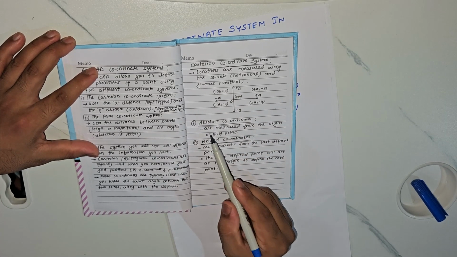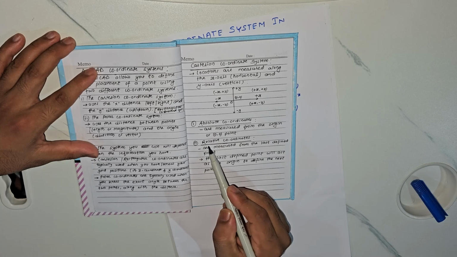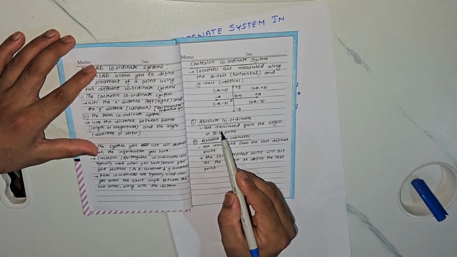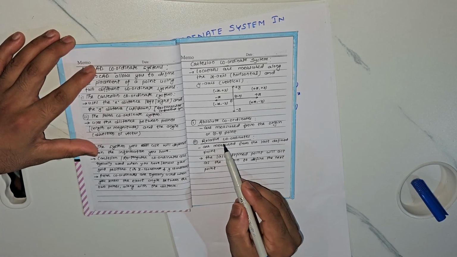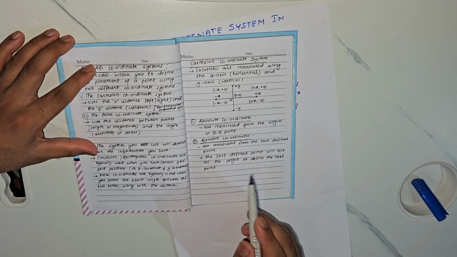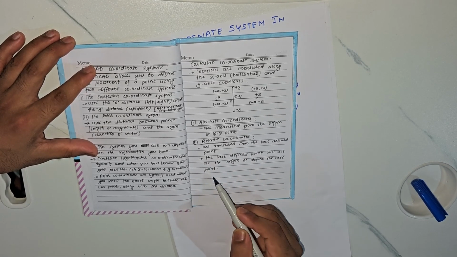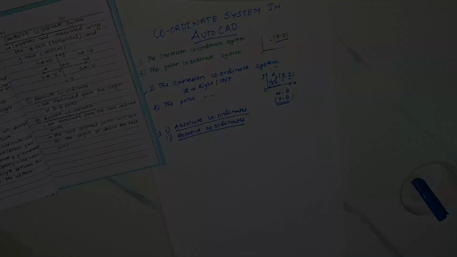In absolute coordinates, the coordinates are measured from the origin or 0 point, and in relative coordinates they are measured from the last defined point. The last defined point will act as the origin to define the next point. Okay, so let us understand this by an example.